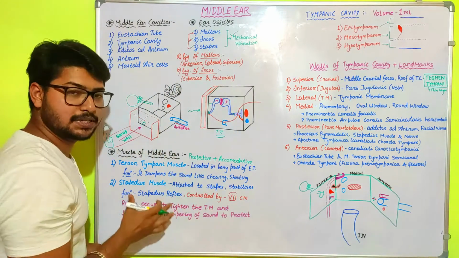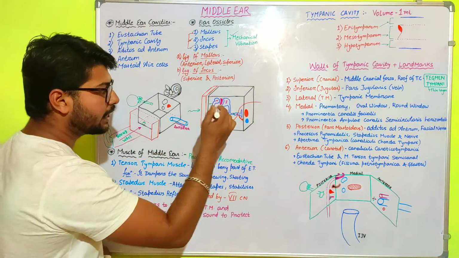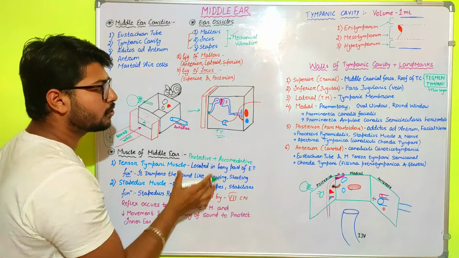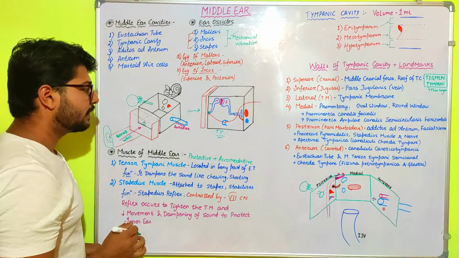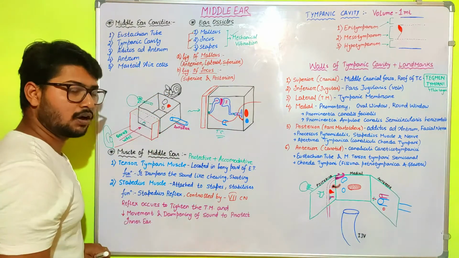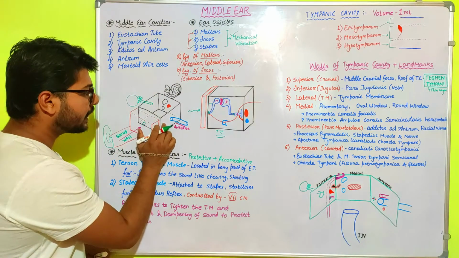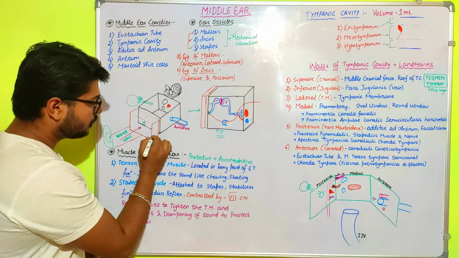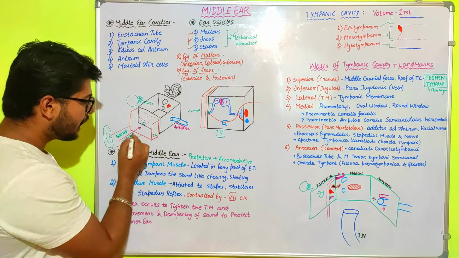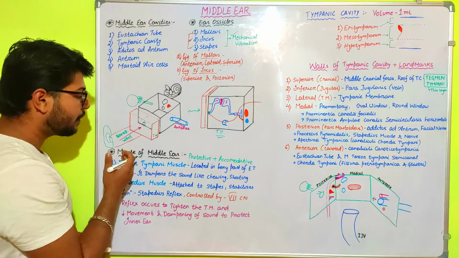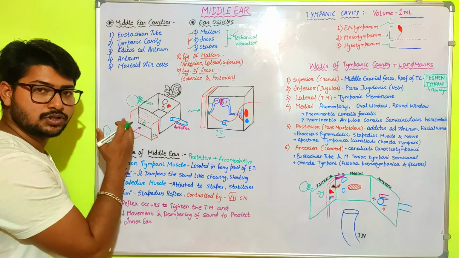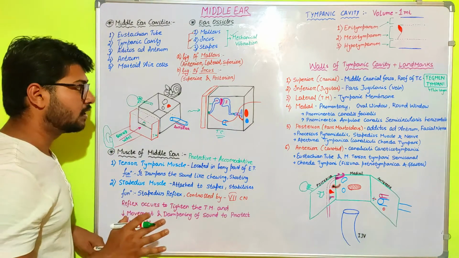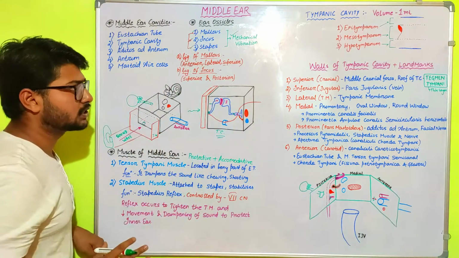The black box represents the tympanic cavity, and from the anterior view you are looking towards the tympanic cavity. Anterior to the tympanic cavity we have the tympanic membrane, and anterior to the tympanic membrane we have the external acoustic meatus, and finally the pinna. So this is the structure.